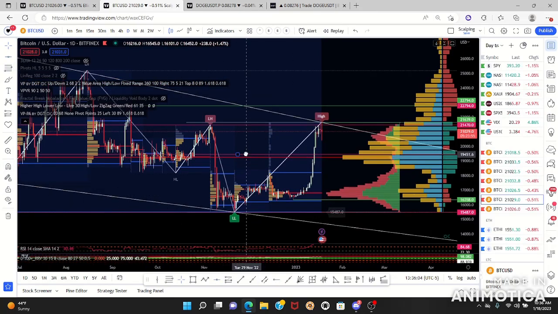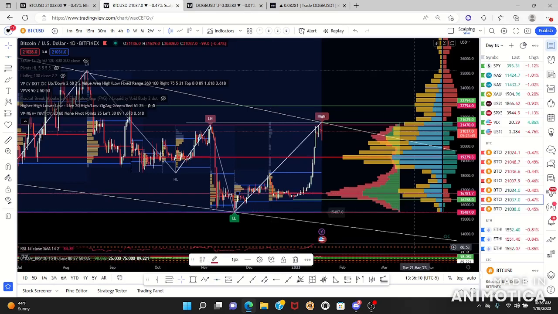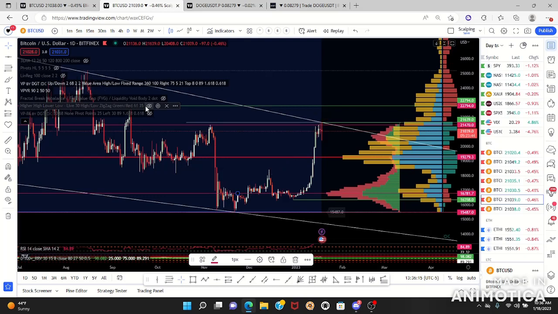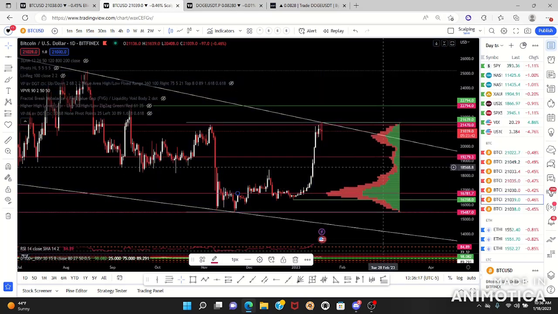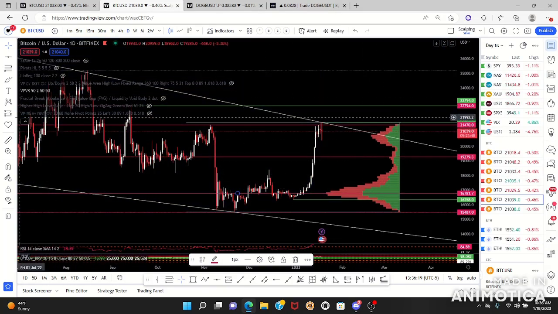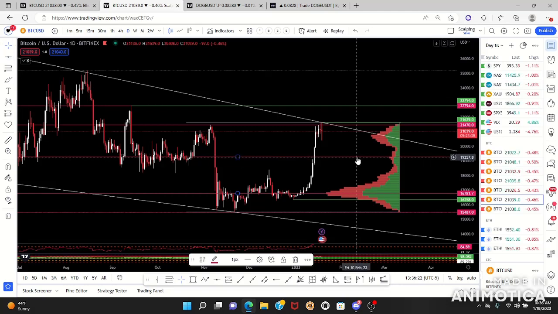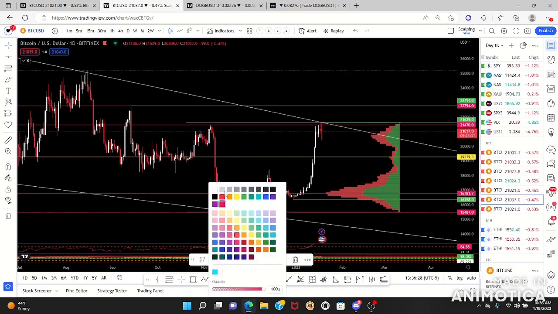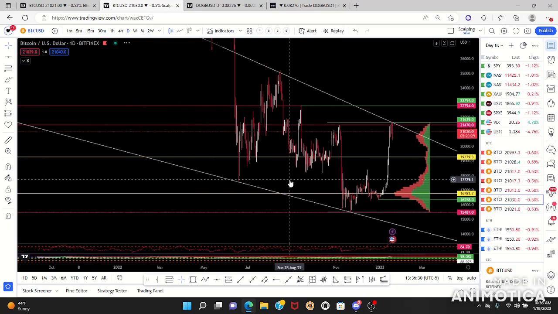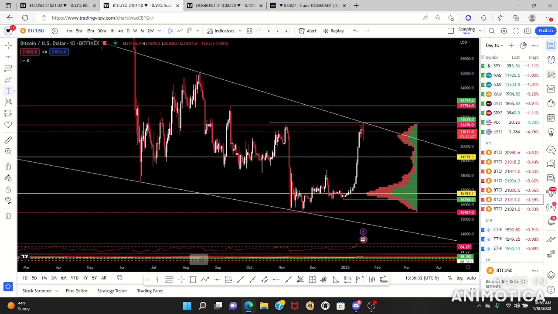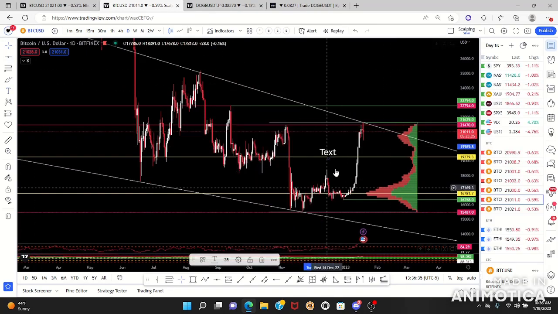I'm going to mark this daily that's showing me, and then the next daily down here. I'm actually going to change the color because I got some trend lines that are pink already. So let's make our POC yellow. And if you can't remember, go ahead and label it if you need to.